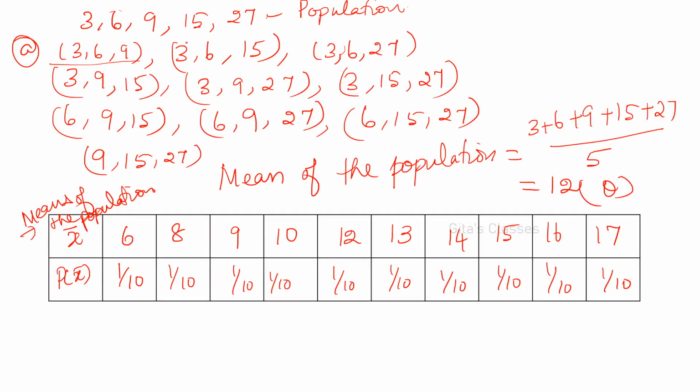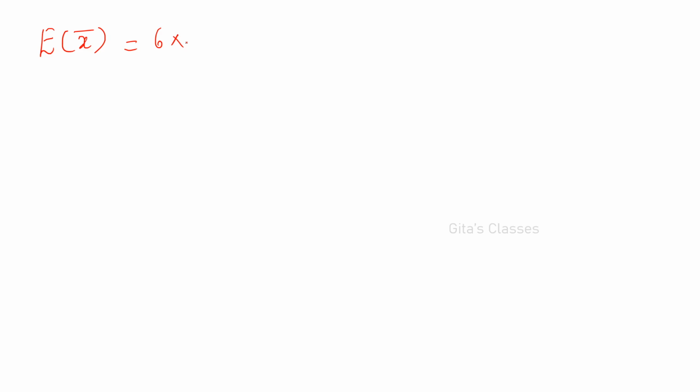So E of x bar is equal to, how will you write? You have probability, right? 6 into 1 by 10 plus 8 into 1 by 10 plus 9 into 1 by 10 and so on. The last will be 17 into 1 by 10.